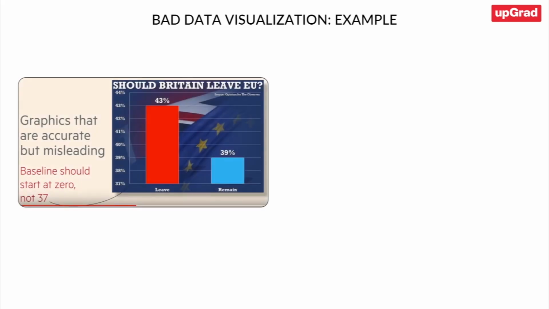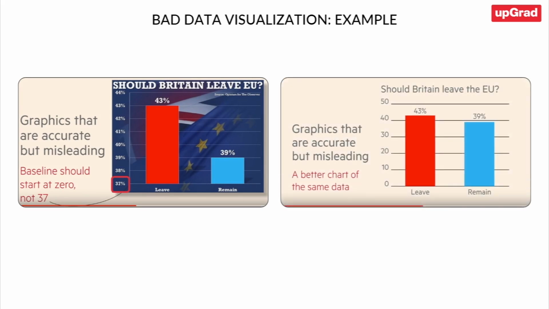Okay, here is another example of a misleading graph. To start out with, the one on the left, the scale doesn't start at 0. It starts at 30. What that does is completely exaggerate the difference between the two. When you look at the corrected graph on the right, you can see that the differences are not so extreme.